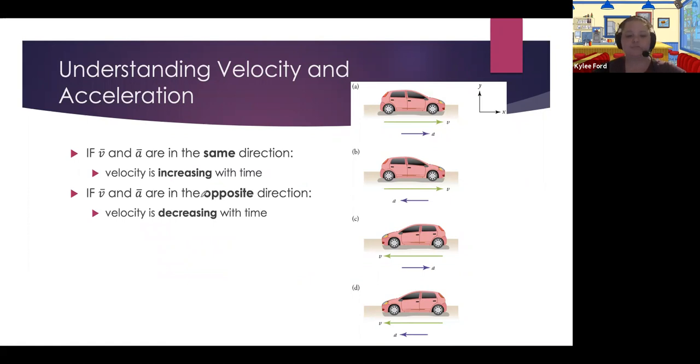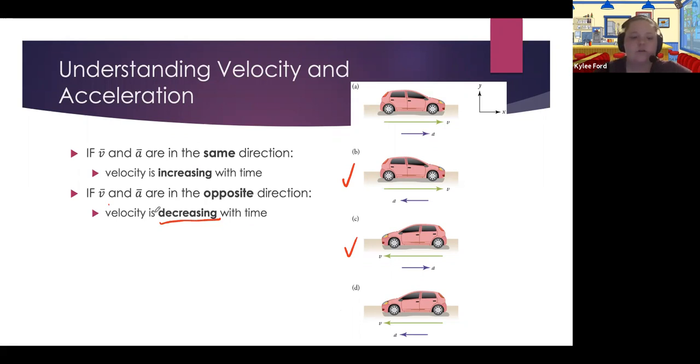Okay, so now if we're looking at the opposite, if we have V and A in the opposite direction, that's what we have here and here. That tells us that the velocity is now decreasing with time, not increasing.